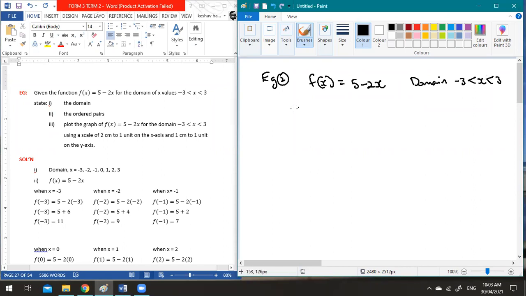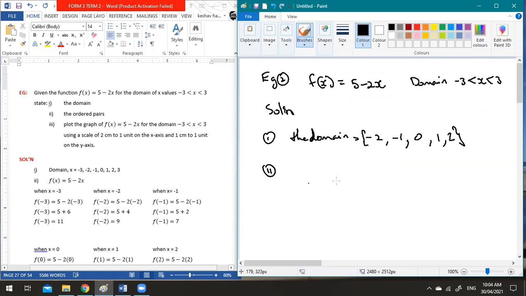Now, once it doesn't have the equal sign underneath the inequality, you cannot put the negative 3. So it will be negative 2, negative 1, 0, 1, and 2. Because it's not equal to negative 3, but it is greater than negative 3.